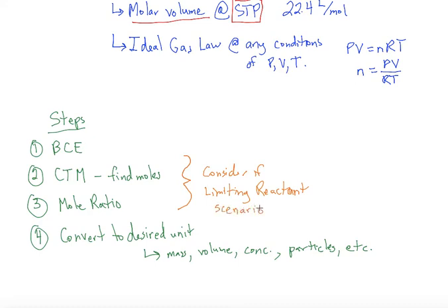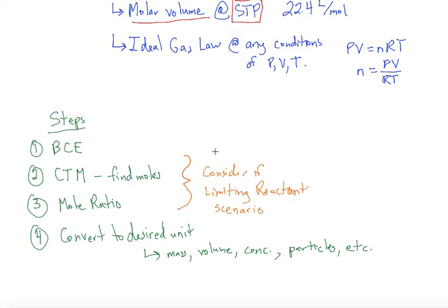If they give you information about more than one reactant, and you're able to calculate moles of more than one reactant from the data given, then you need to consider which of those reactants would run out first.